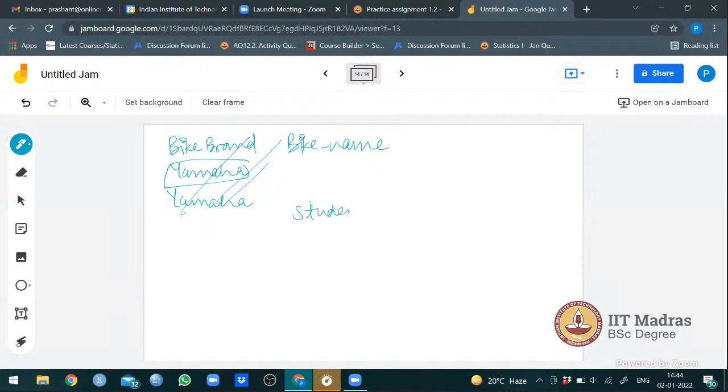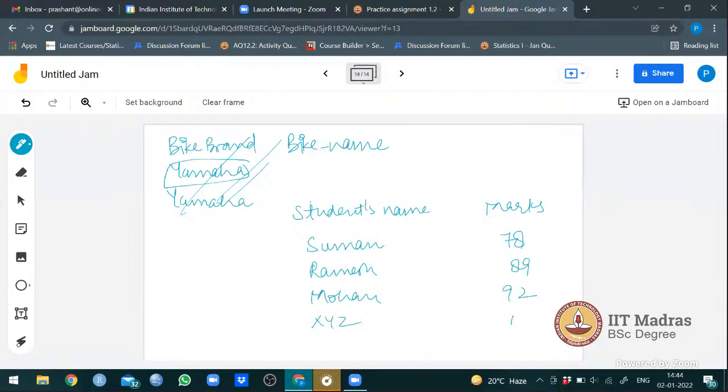See, listen to me. Suppose there is a student's name and there are marks of the student. Suppose the student name is Suman and he scored 78, and there is Ramesh and he scored 89, and there is Mohan and he scored 92, and there is XYZ, any one student, and he scored 68 marks.